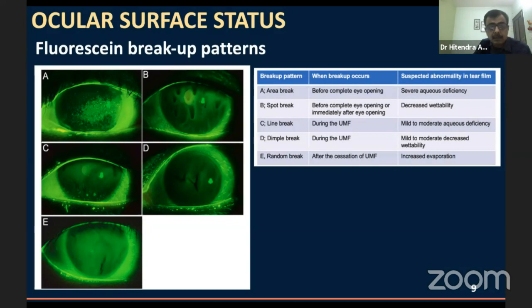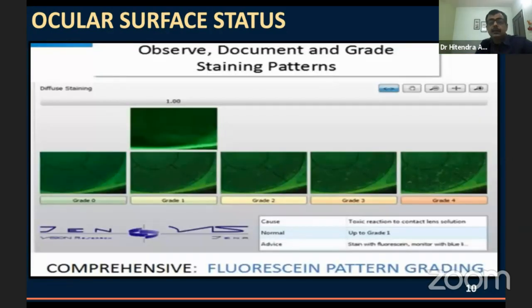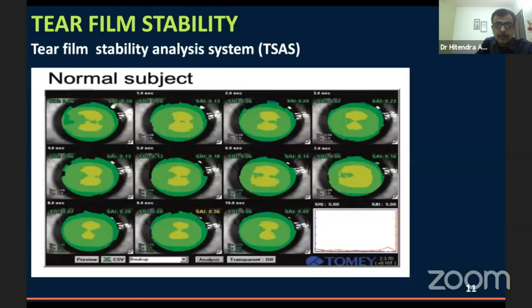This can be studied on a routine slit lamp. But these keratographs have software to capture, observe, document, and grade the staining pattern, and also to study how the treatment and drops are helping and discuss it with the patient.